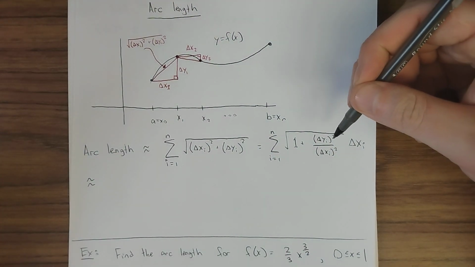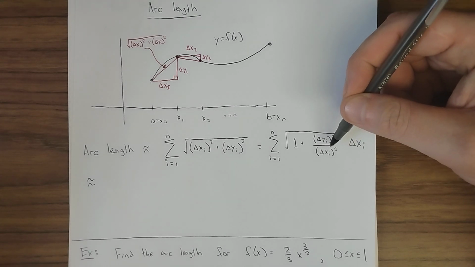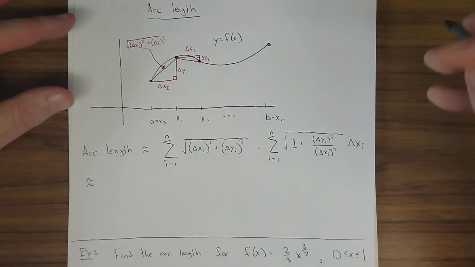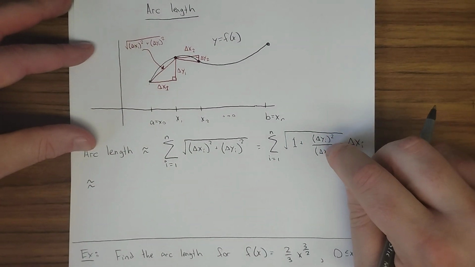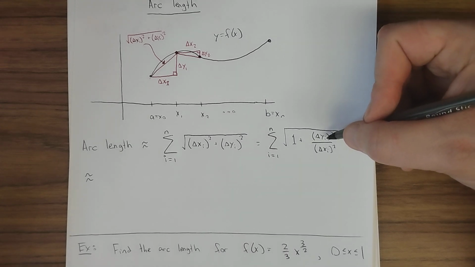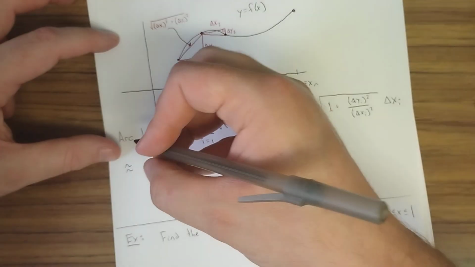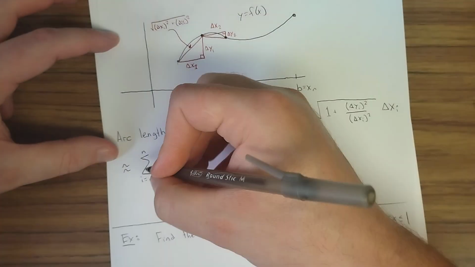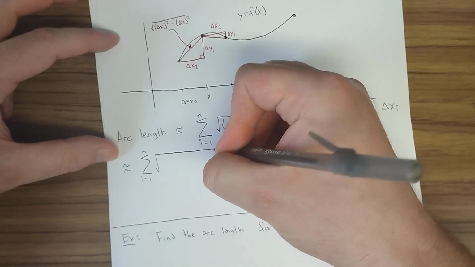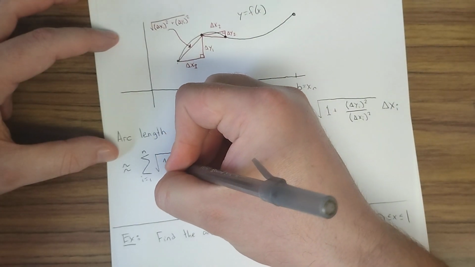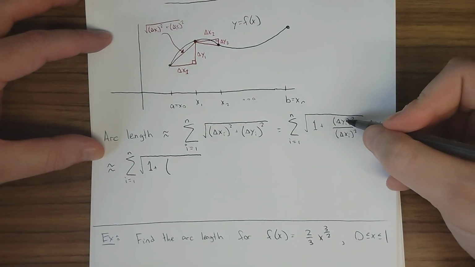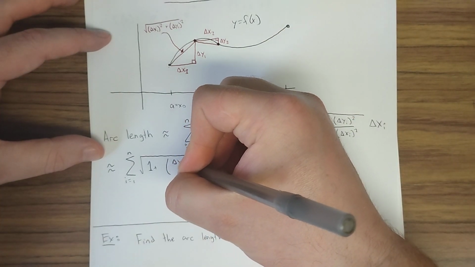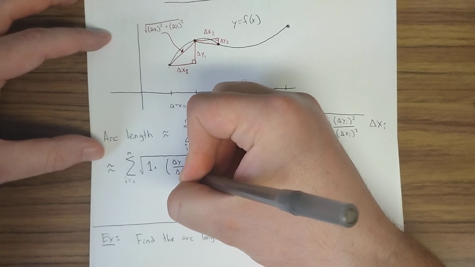And now, as I talk about doing the limit as these values of x get closer and closer, not much is going to happen because the top is squared and the bottom is squared. I can just write this as delta yi over delta xi.